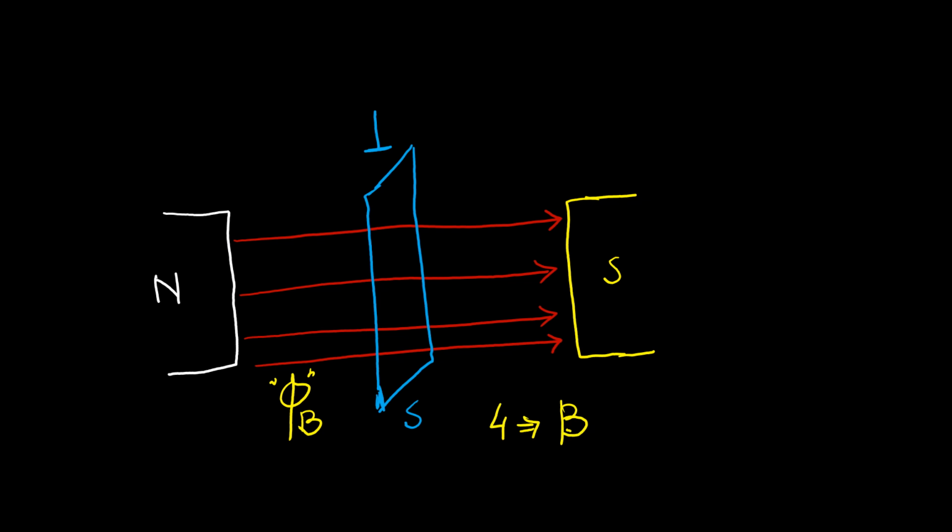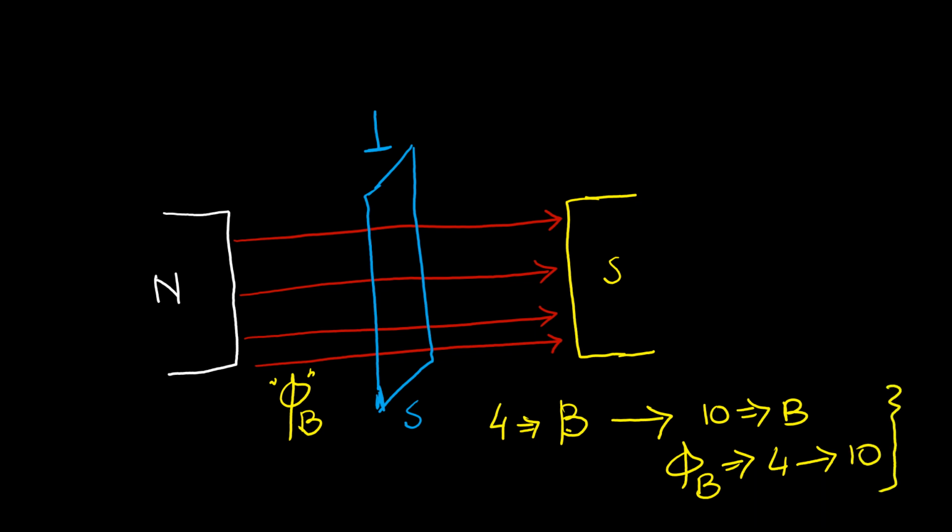If the number of magnetic field lines increases, suppose from 4 to 10, then the magnetic flux phi B will increase from 4 to 10. So this means that the magnetic flux phi B is directly proportional to the number of magnetic field lines. The greater the number of magnetic field lines, the greater the magnetic flux.